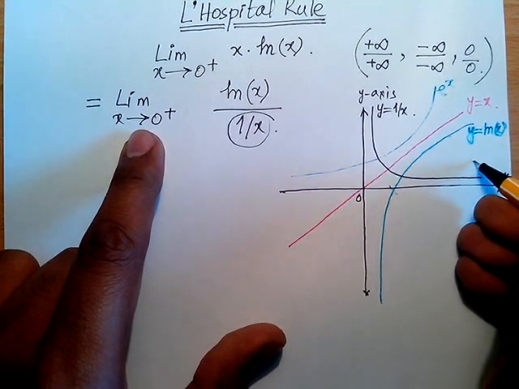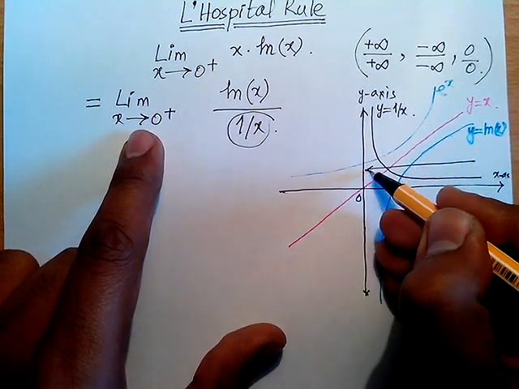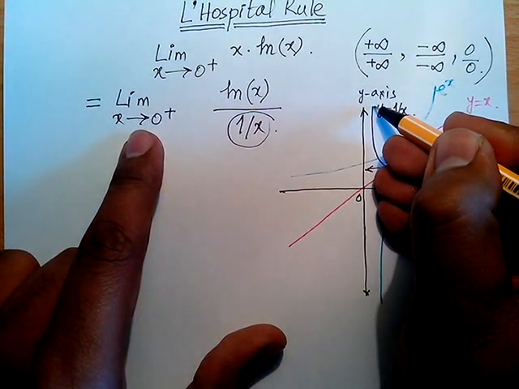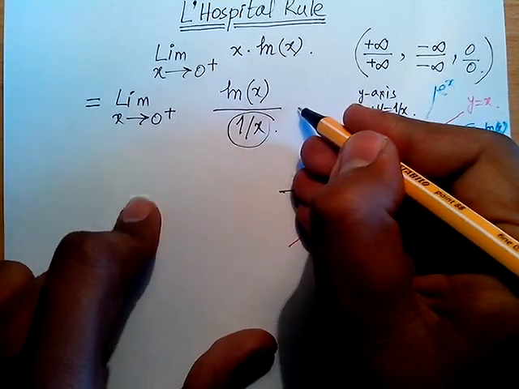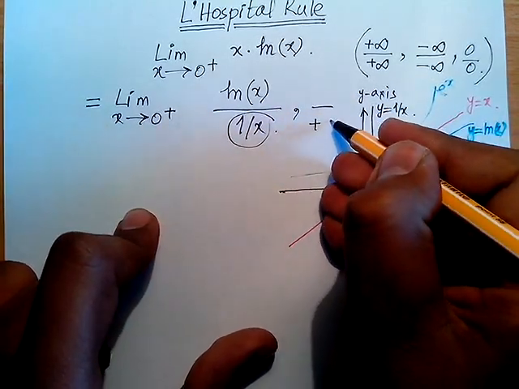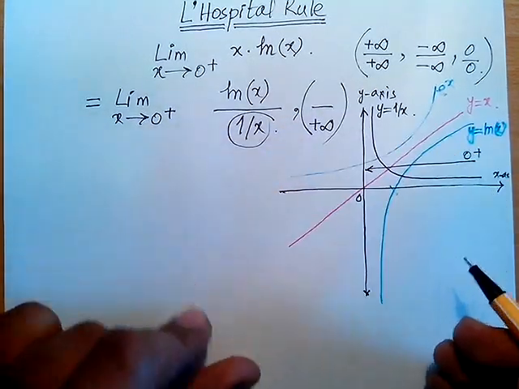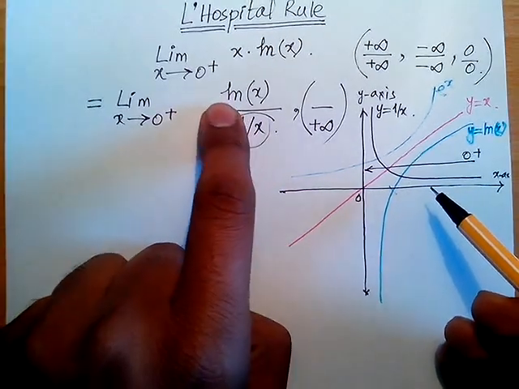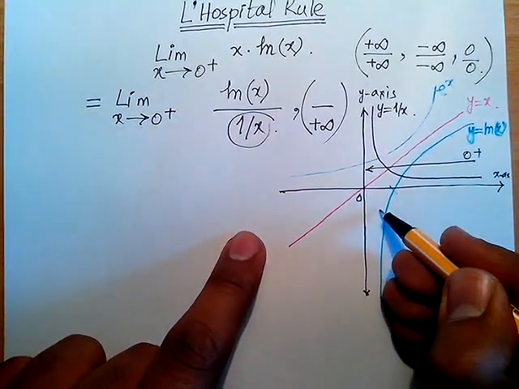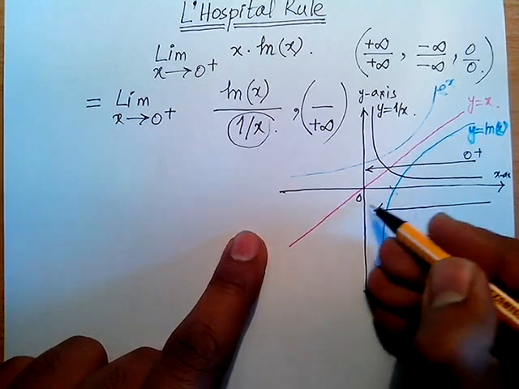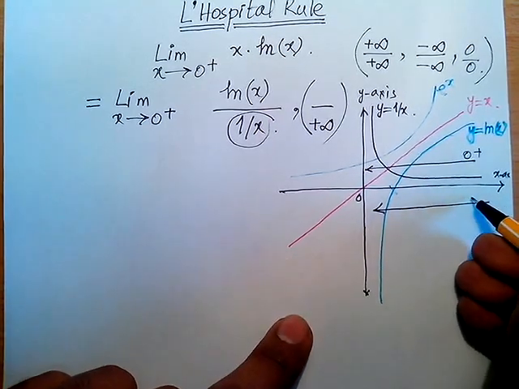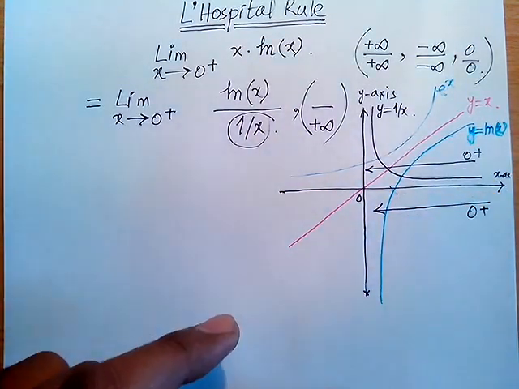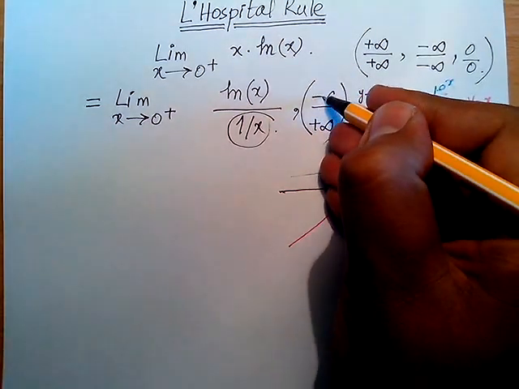If I approach 0 from this direction, we see that the graph 1 over x goes to plus infinity. But at the same time, if I approach 0 from the positive direction for the graph of ln x, the graph of ln goes to the negative y-axis, so this is minus infinity.